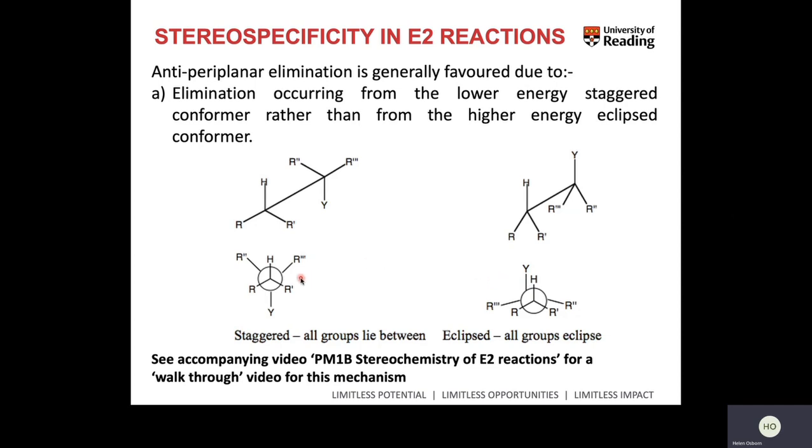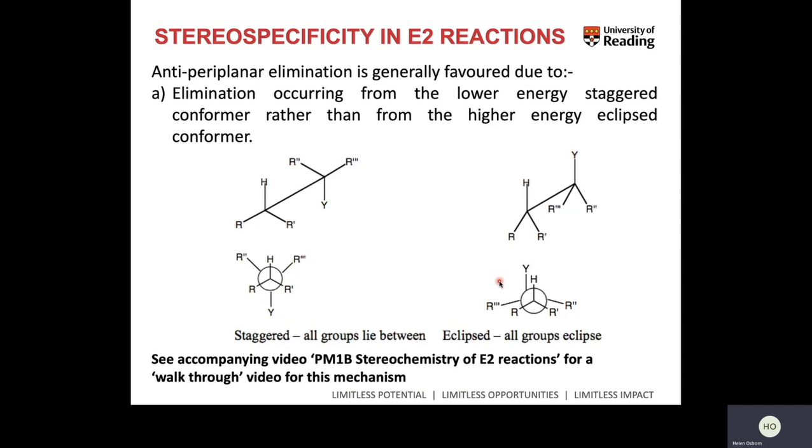And what you can imagine is the staggered one is going to be much more stable, because all of these bonds with their electron density are lying between the other bonds with their electron density. So this is going to be much more favoured from a steric point of view, and also electronically, compared to the eclipsed. So why are we saying this?